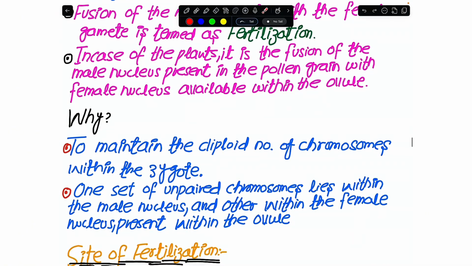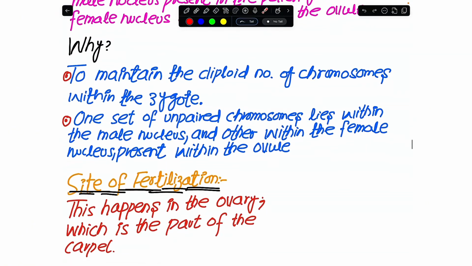Now, the further thing is why this fertilization is important. You see, since two parents are involved, no matter if they are lying within the same flower, since we have the male part and the female part, the offspring that we have to be producing as a result of this phenomenon needs to have a diploid number of chromosomes.